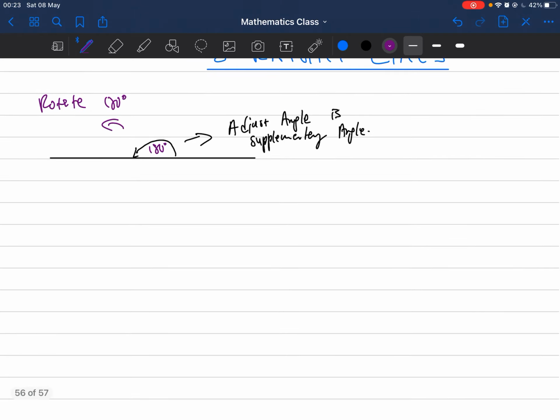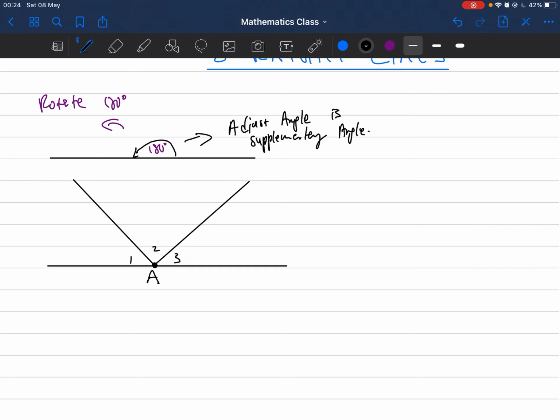So for example, you could have a straight line in your questions, and maybe you have another line like that and another line like that, right? And they call this point here A, and then you have A1, A2, A3, right?